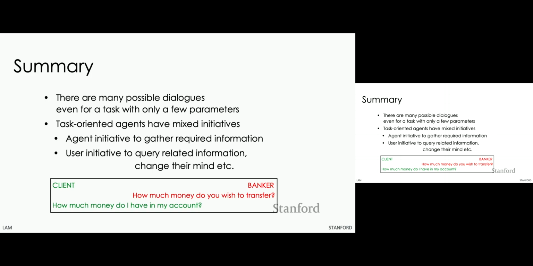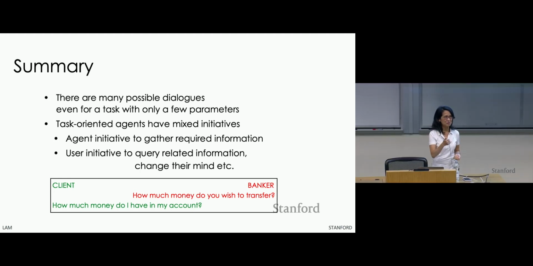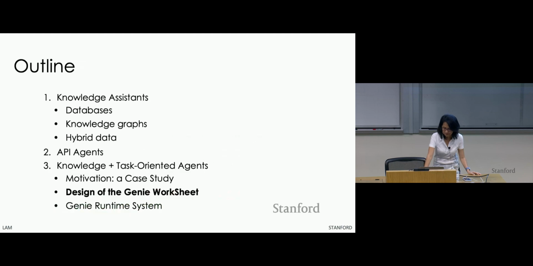And at that point, you say, how much money do I have in my account before I can tell you how much money to transfer? Very natural, but this will kill most agents today. They want a number, they expect a number. That's the complexity of the agent that we want to be able to get to.